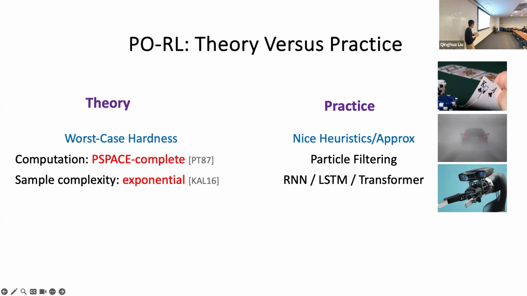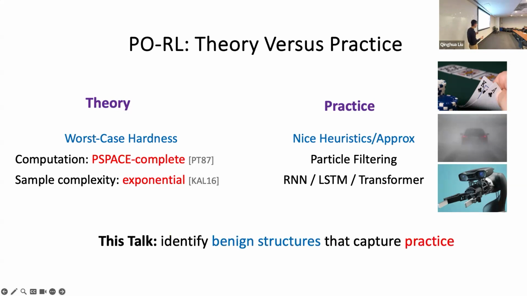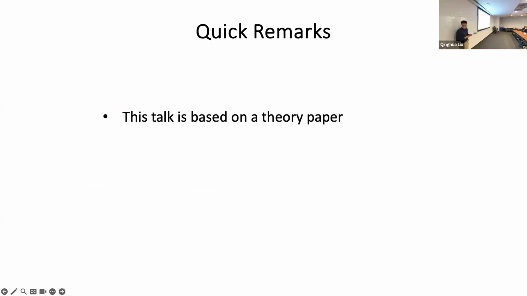As a result, there is some gap between our theoretical understanding of partially observable reinforcement learning and what we can achieve in practice. And the goal of this talk is to identify some benign structures that exist in practical applications which make learning sample efficient.